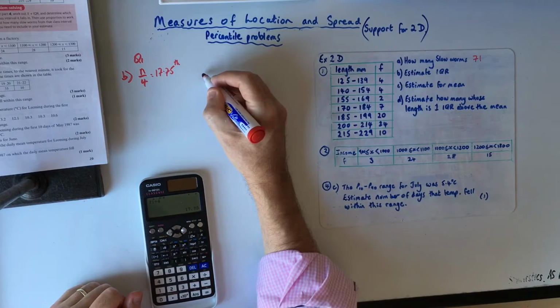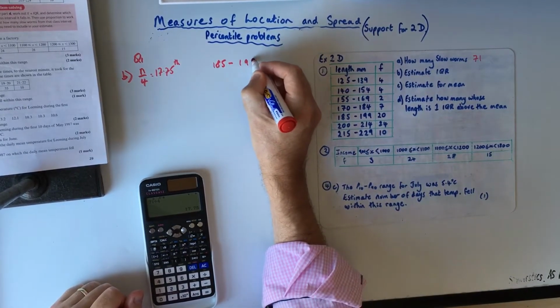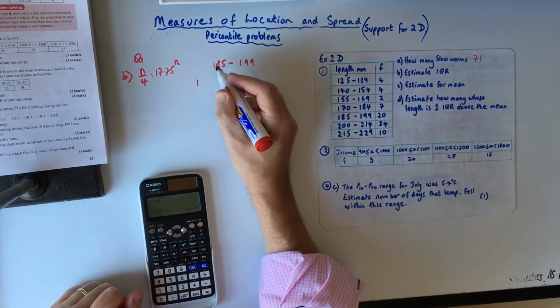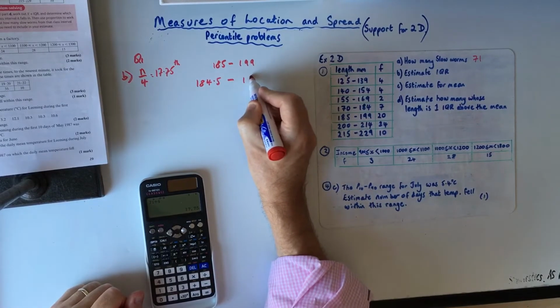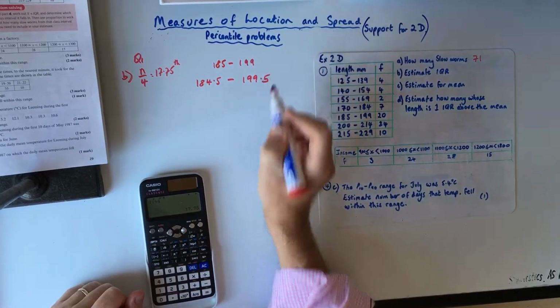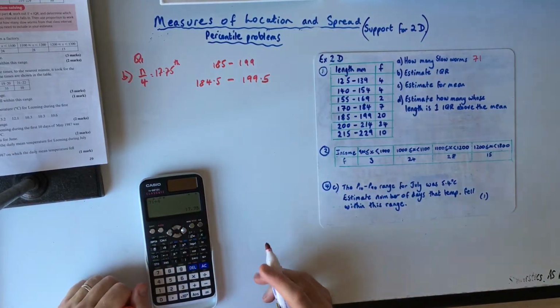The group is 185 to 199, so we really look at the group from 184.5 to 199.5. That's what the group is in real terms.